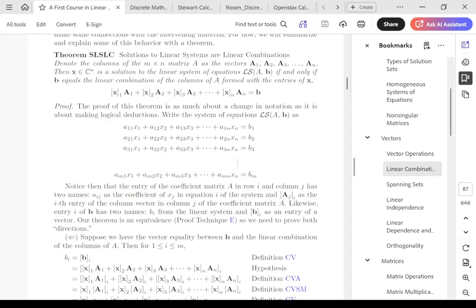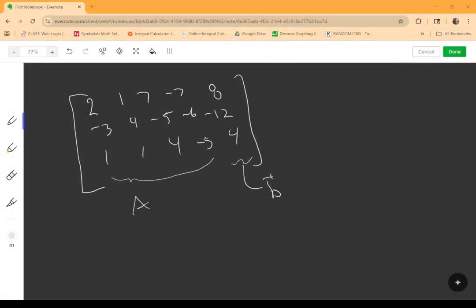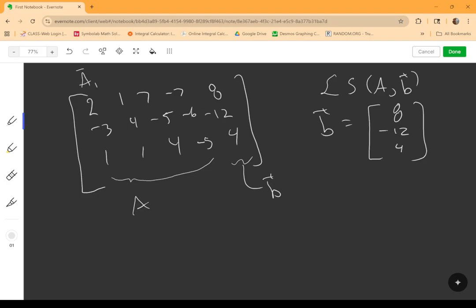with the example I have illustrated here. If we think of this as our matrix A, the linear system described here by A and b, our b is this vector 8, negative 12, 4, and here is our matrix A. Those column vectors A1, A2, etc., are these vectors made up by these columns, up to A4.